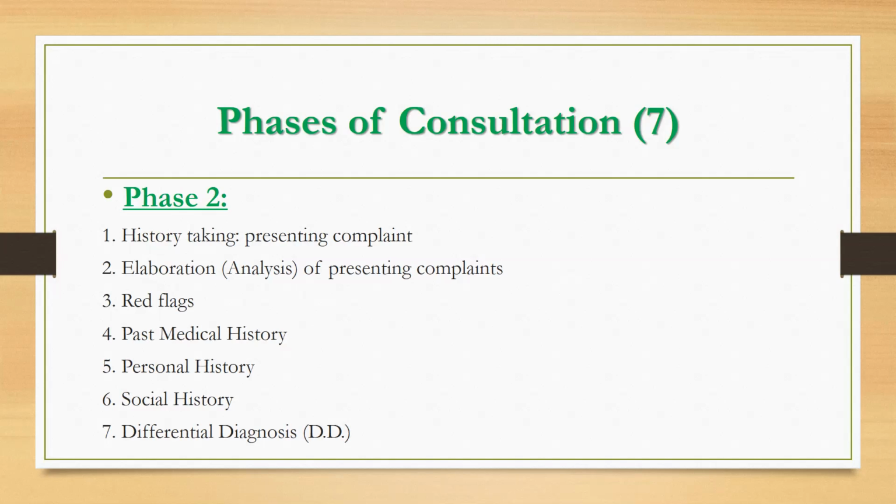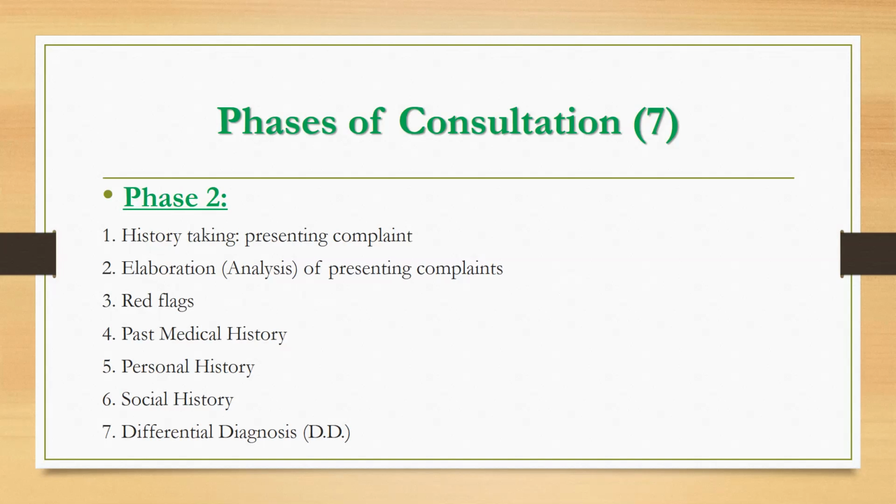The second thing to be covered in phase number 2 is elaboration and analysis of the presenting complaint. For example, if the patient presents with abdominal pain, you have to analyze this pain by asking questions related to the pain, like the site of the pain, onset of the pain, character of the pain.